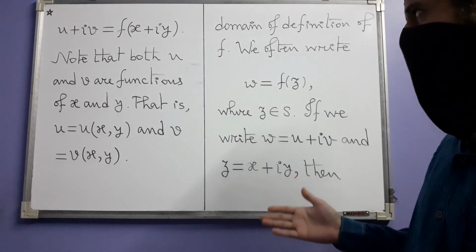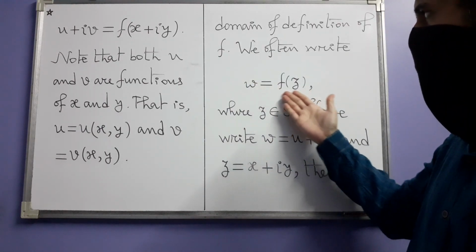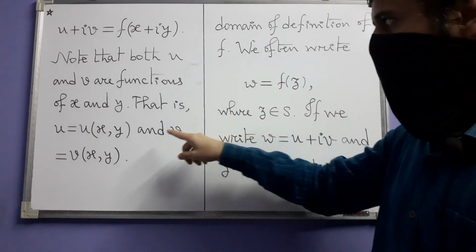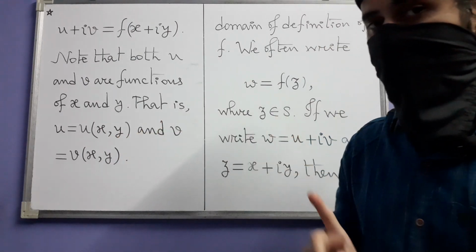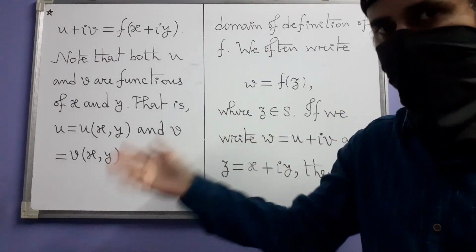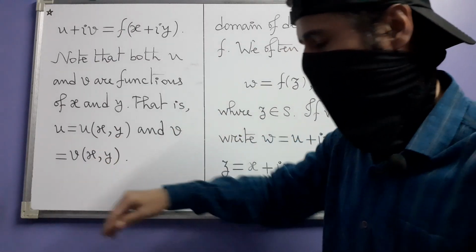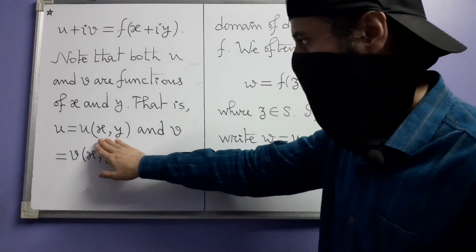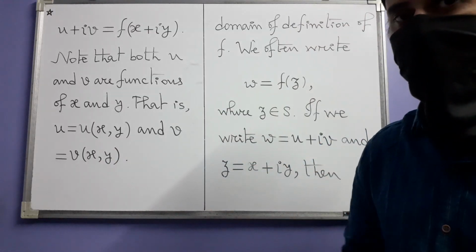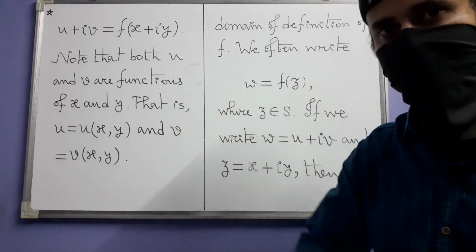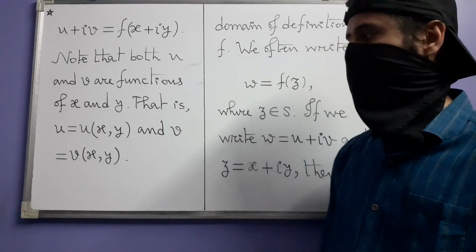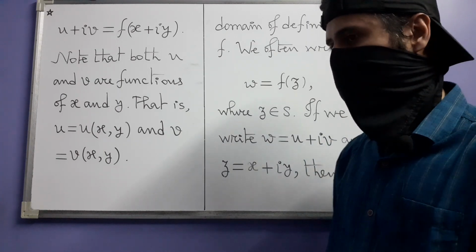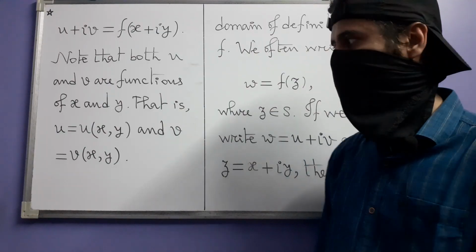So you see that in order to study functions of this type, you automatically have to study functions of two real variables, which are real valued functions. These two are real valued functions, but they are functions of more than one variable. That automatically comes here.